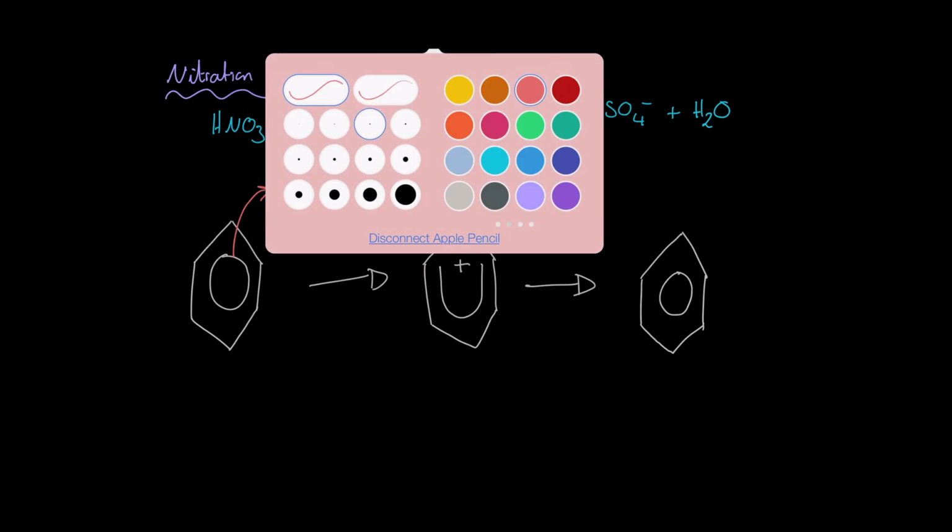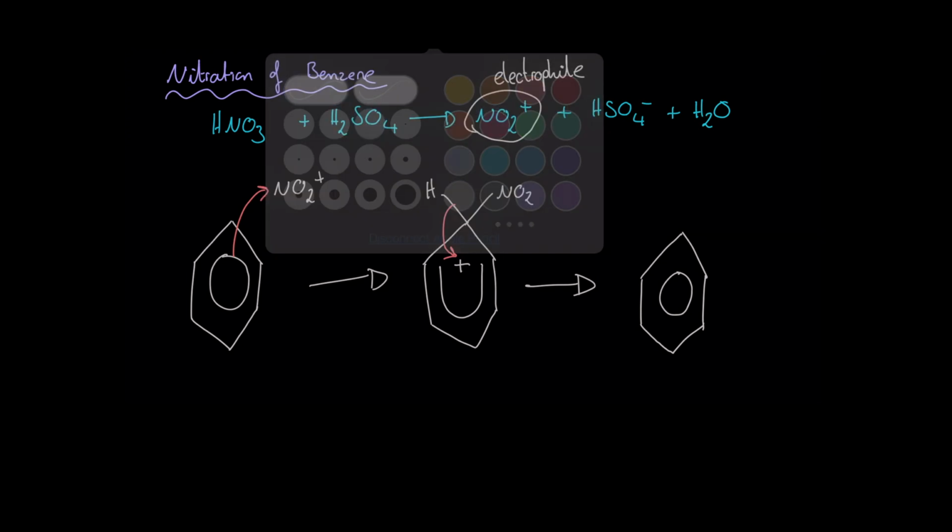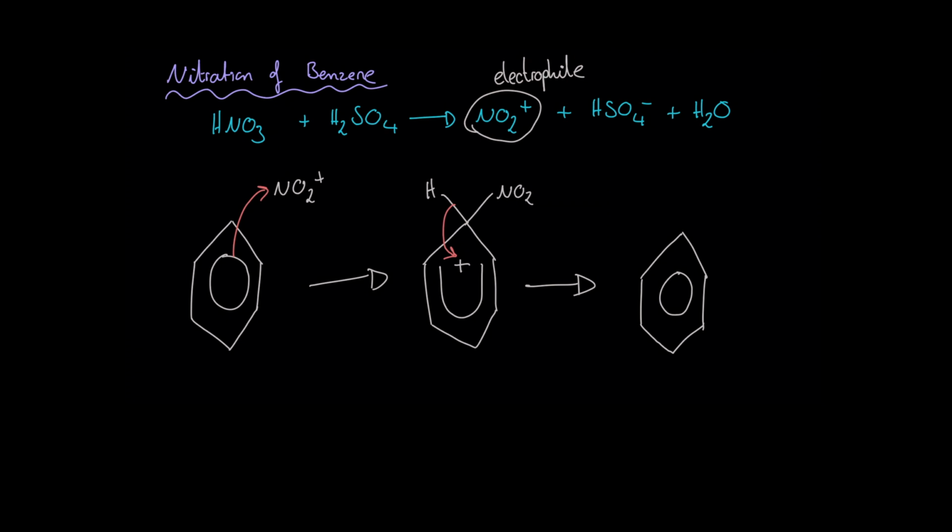So we need to reform that ring, so there is heterolytic fission of the carbon-hydrogen bond, and that pair of electrons moves back into the ring and it is now stable. From that you've got your nitrobenzene, which is the new substituted product, and you've got a hydrogen ion.